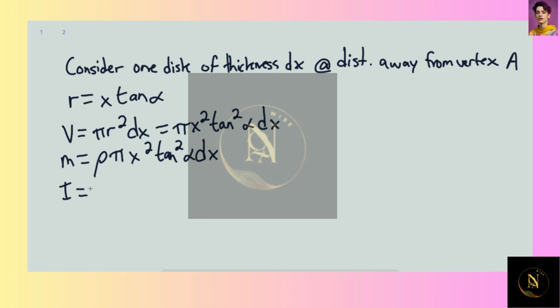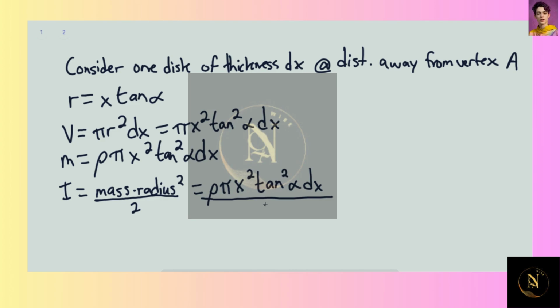The moment of inertia of this disk is going to be the mass times the radius squared divided by 2. And at this point, if this is true, we can plug in for our mass, and we have rho pi x squared tangent squared of alpha dx all over 2 times x tan of alpha squared.